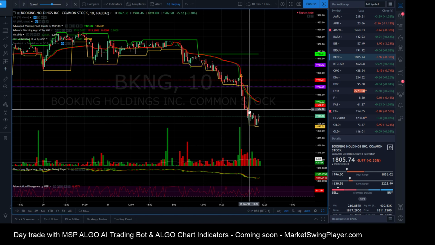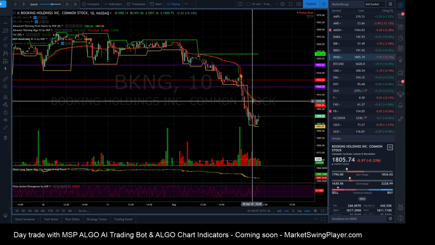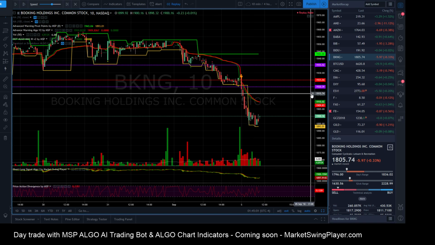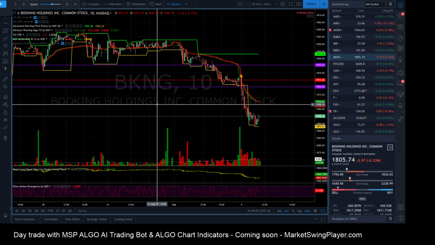Okay, so in this particular scenario, it's supposed to be trying to retest the resistance level. We can't see it on this 10 minutes, so let's go to a 1 minute and see if we can see it on that.